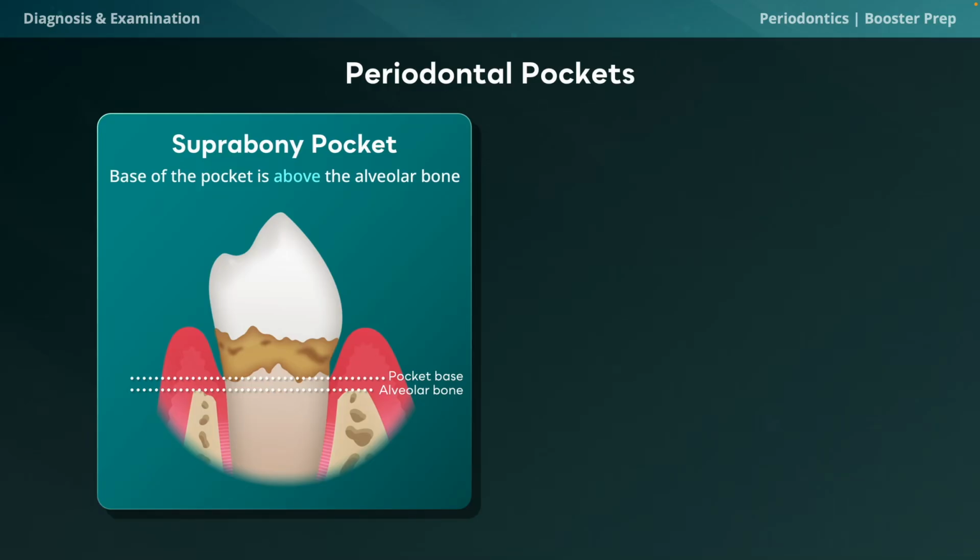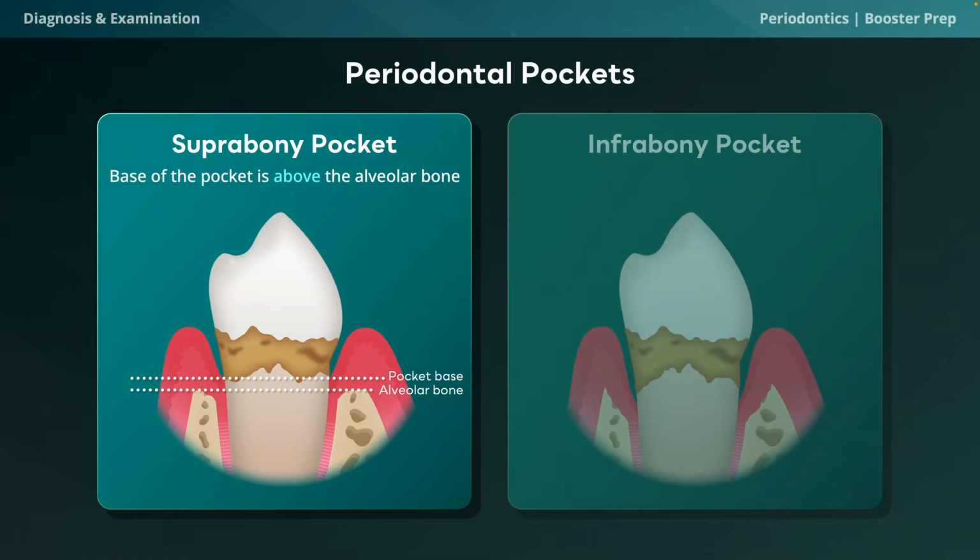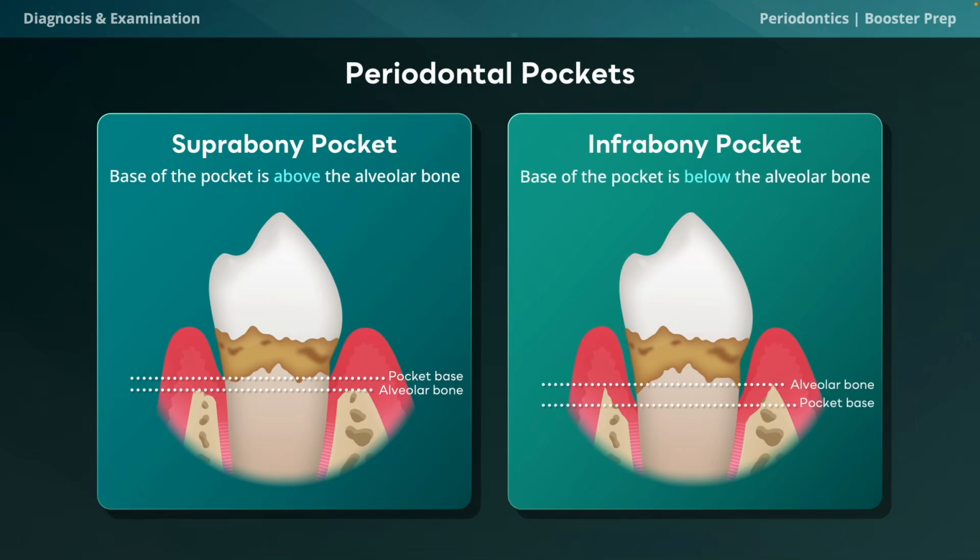This type of pocket is typically associated with horizontal bone loss, where the bone is lost in a uniform leveled manner. In contrast, an infrabony pocket has the base of the sulcus positioned apical or below the crest of the alveolar bone. This type of pocket is linked with vertical bone loss, where the bone is lost in an uneven angular pattern, which often creates a deep osseous defect.